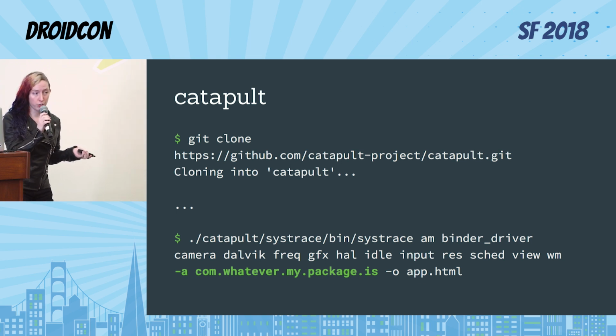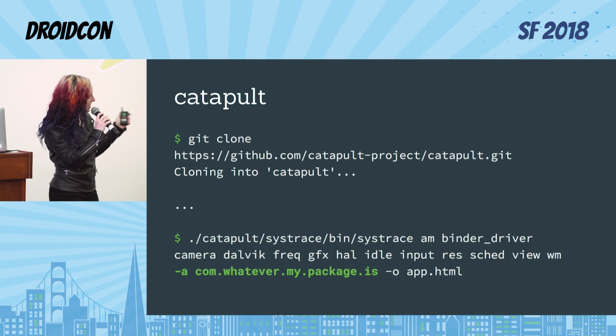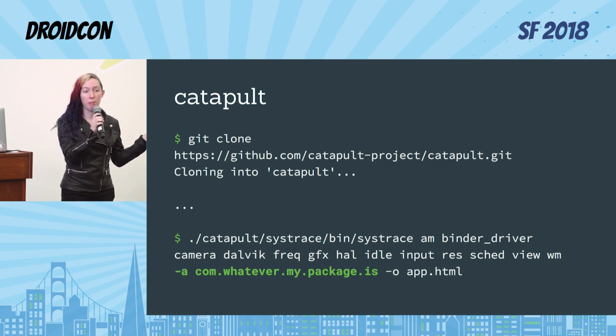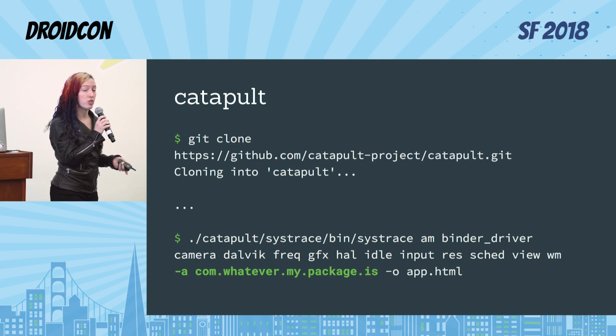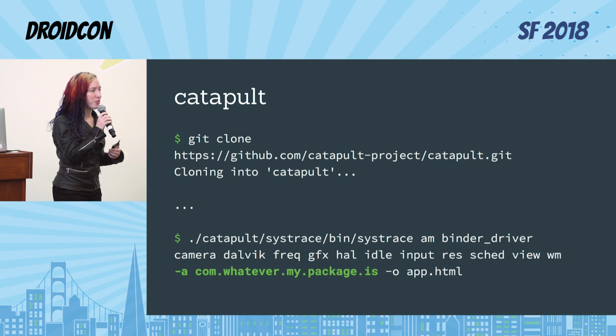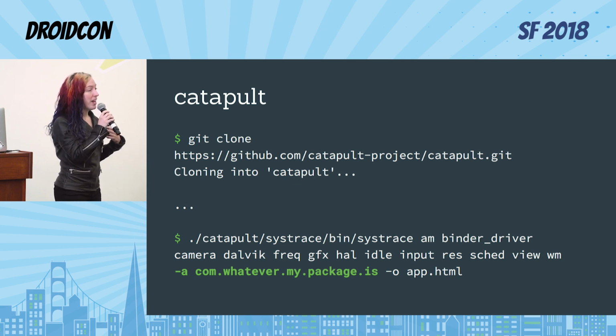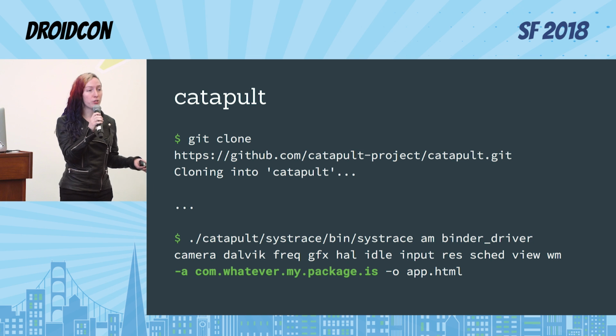So if you've included in-app trace points, you'll need to include this -a argument with your package name, and that app has to be compiled as debuggable for Systrace to see those trace points. And that's for security reasons. If you have accidentally included app trace points in your app and then shipped it, other people won't be able to read those because that app won't be marked as debuggable.